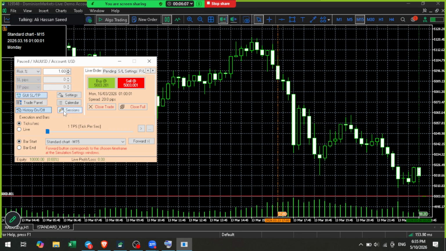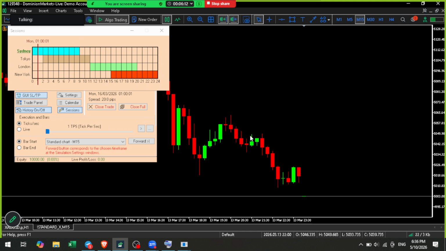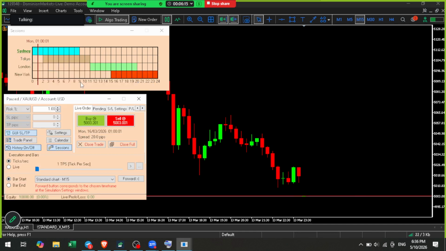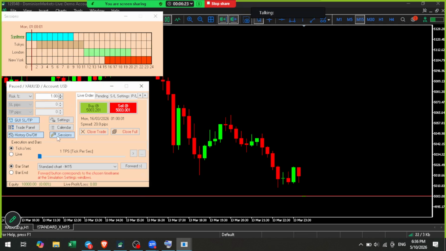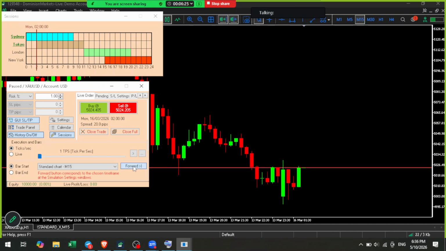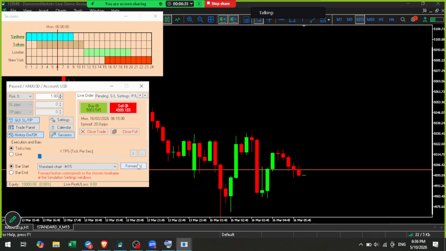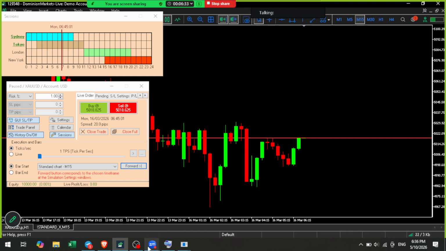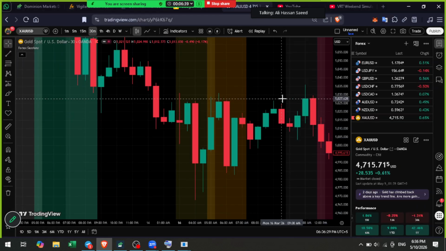Risk. So price comes to this point, that is about 50.27.